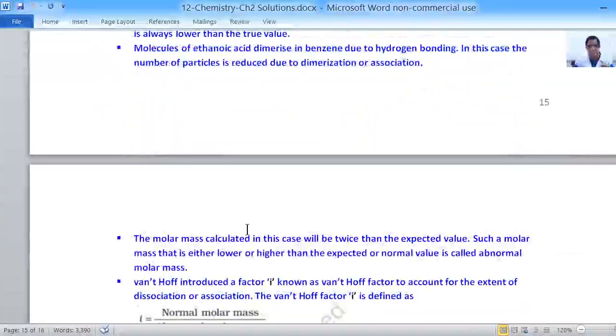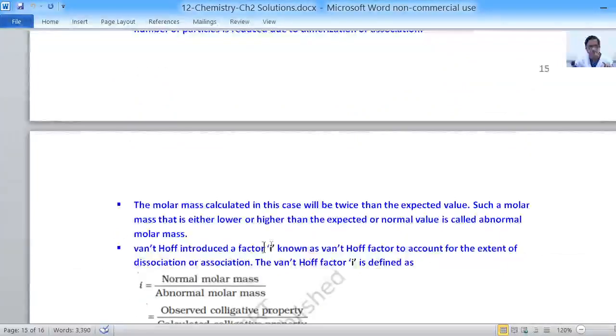In the case of association, the molar mass calculated will be twice the expected value, because two molecules are joining together. Such molar mass, either lower or higher than the expected or normal value, is called abnormal molar mass.